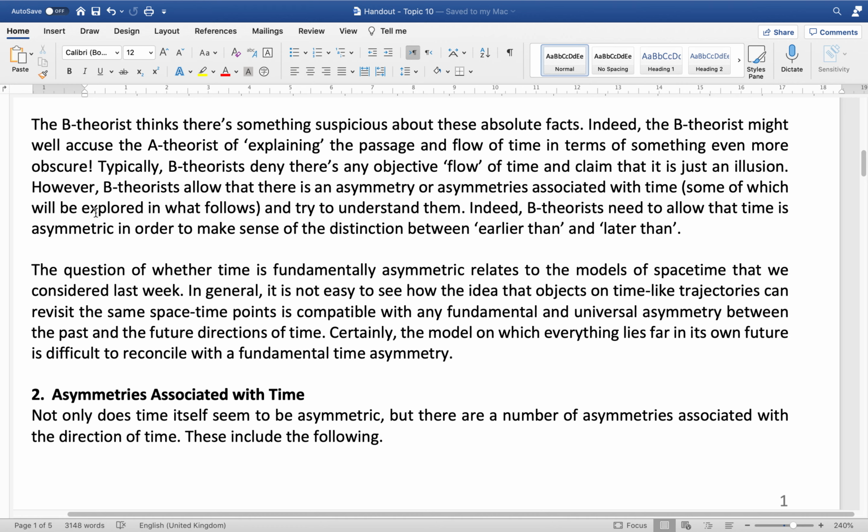They might, on the other hand, worry about the A theory on grounds of question marks over its compatibility with special relativity and the relativizing of the present. So for one reason or another, the B theorist is going to be suspicious of, and indeed reject the A series, and with it the objective passage or flow of time.